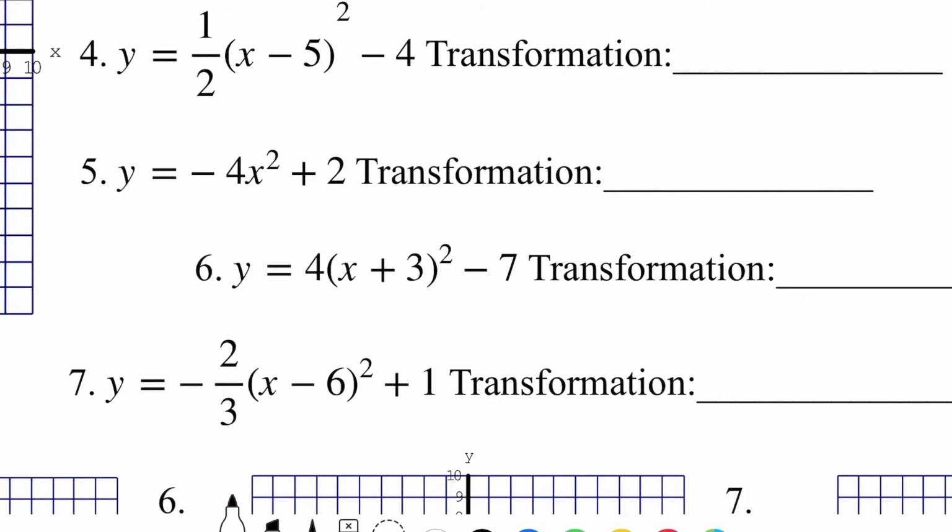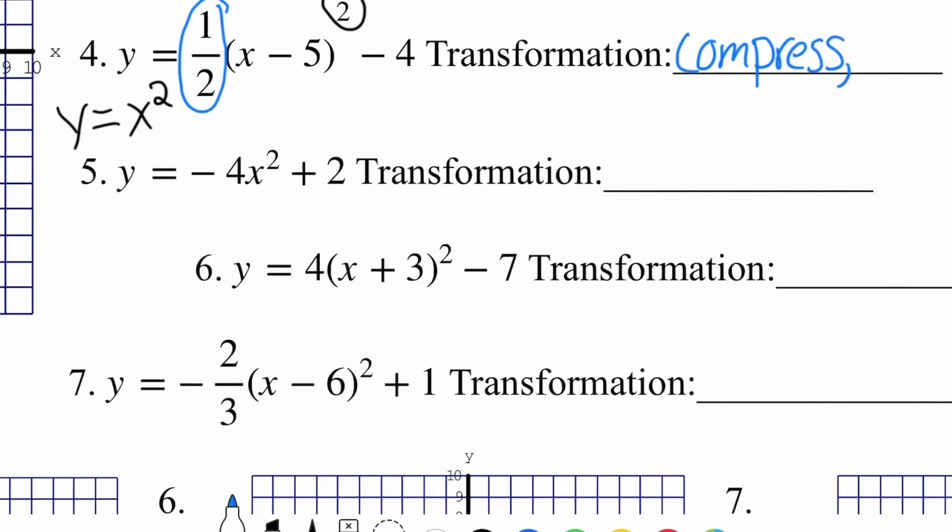So first one, our parent function is y equals x squared. The reason why I know it's x squared is because of the squared up top. Our 1/2 is less than 1, so I know it's a compress. It's going to compress the parent function.